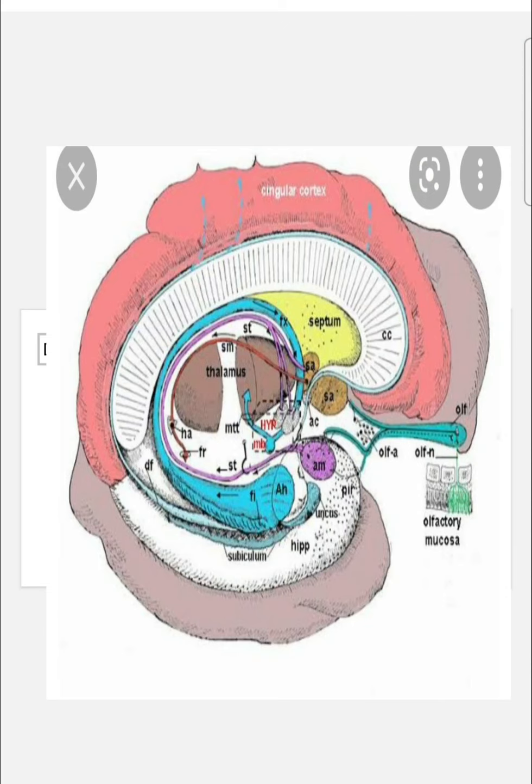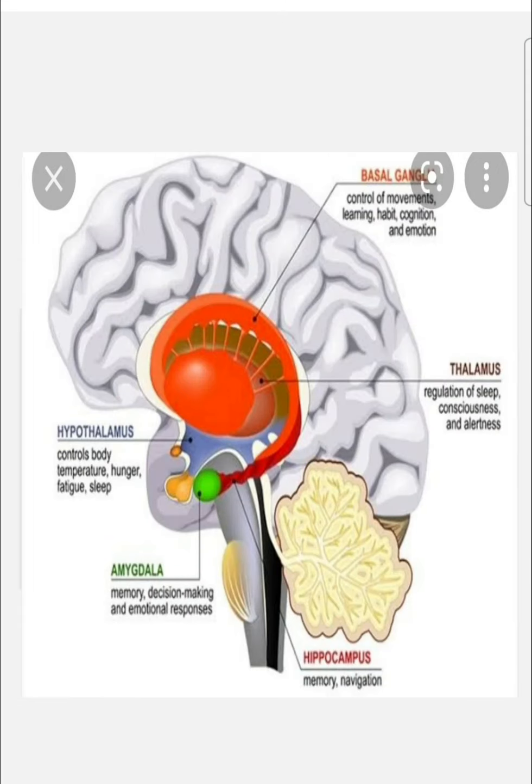Next is the mammillary body. Mammillary bodies are actually part of the hypothalamus. They are rounded structures present at the end of the hypothalamus.